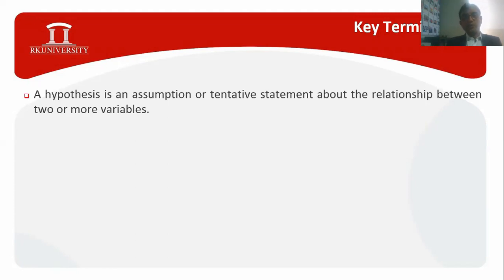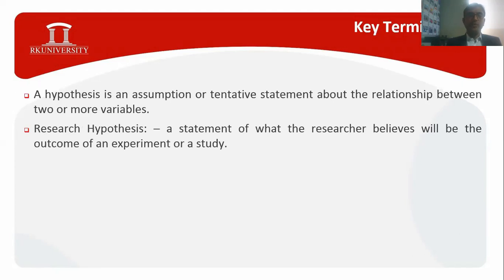Once a researcher has some assumption in mind or a tentative statement, or has come across a theory which he wants to test, then he frames a statement which is called a research hypothesis. So a research hypothesis is nothing but a statement of what the researcher believes will be the outcome of an experiment or a study.